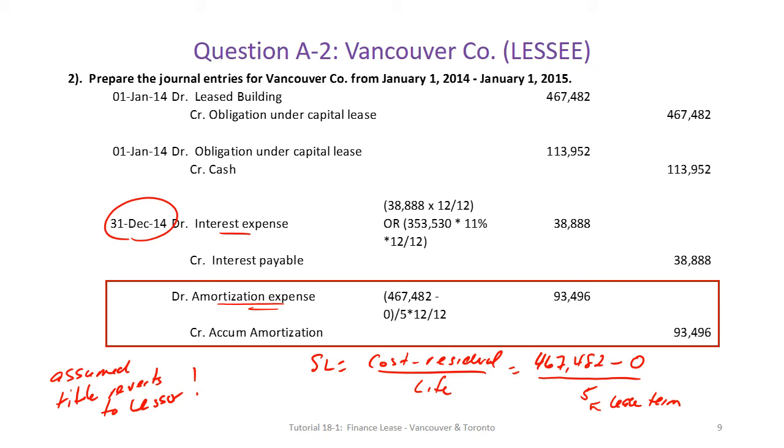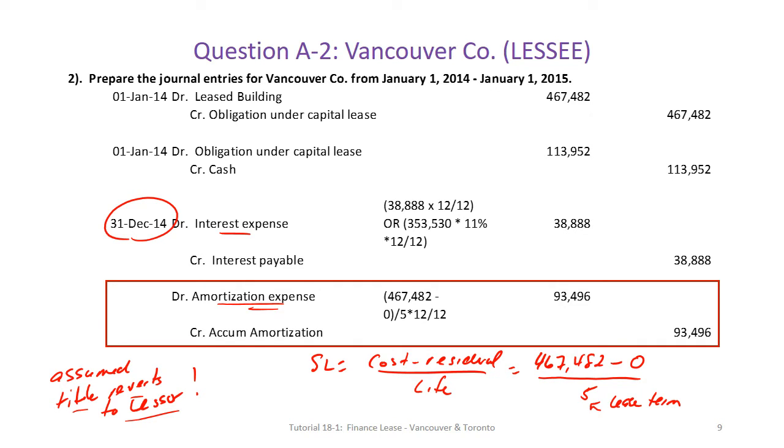If the asset does not stay with the lessee, then it goes back to the lessor, and so the amortization or depreciation period is only the lease term. If this was a lease where there was a bargain purchase option or something to the effect that indicated that the lessee would take title of the asset after the lease term, then we would use the useful life of the asset. But that is not the case here. So we have to use the lease term because the title reverts back to the lessor.